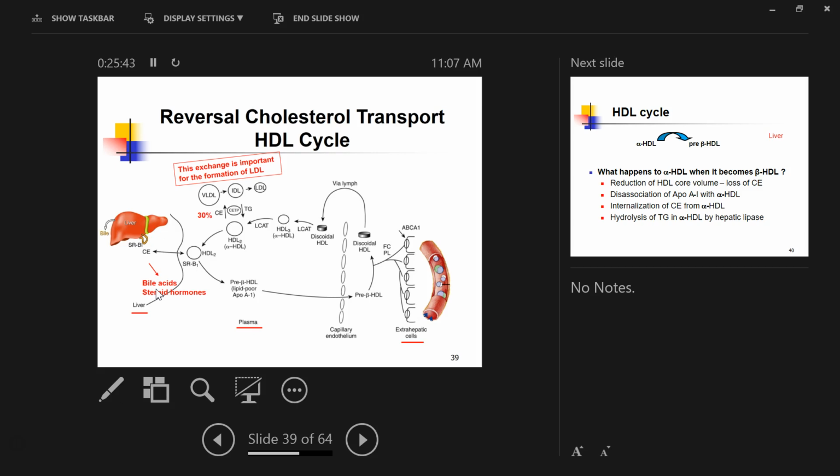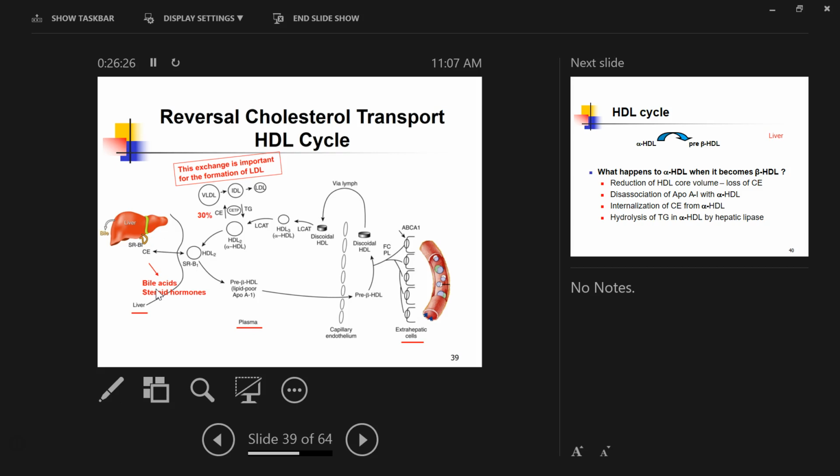So about 30% of the initial cholesterol ester that was picked up from the peripheral tissue goes to VLDL, IDL, or LDL. So that makes VLDL remnant and IDL eventually become LDL, because LDL gets more cholesterol esters from the HDL. So eventually the alpha HDL gives all the lipids, cholesterol esters, and triglyceride to the liver.